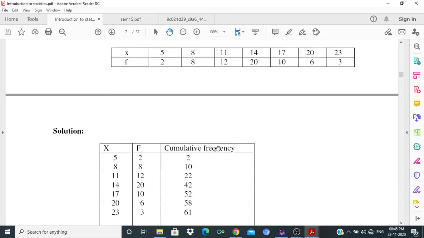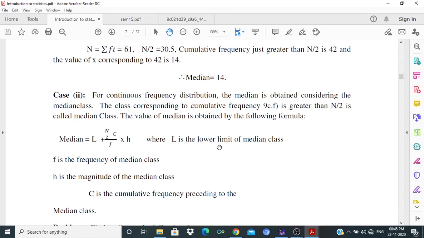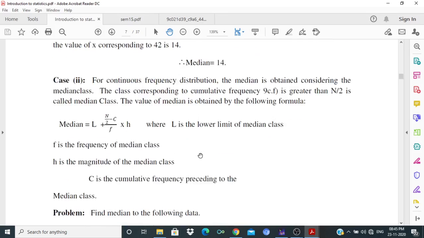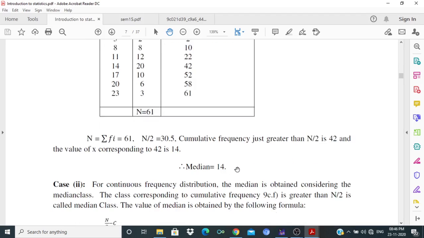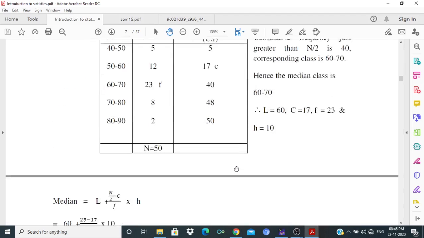We already discussed this formula in the case of discrete frequency distribution. It is the value of the variable corresponding to the n by 2 value. Here n by 2 is 30.5. 30.5 is here in the 42nd cumulative frequency. 14 is the median for the discrete frequency distribution.